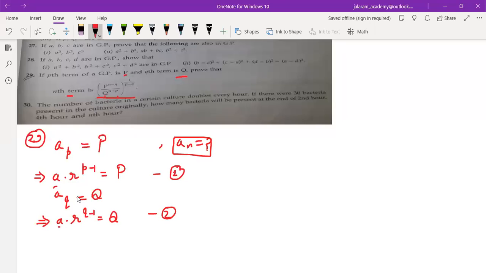These two a's will be cancelled out and there will be only R in the equation. So we can find the value of the common ratio, then use it in the first equation to find the first term. When we have obtained the first term a and the common ratio R, we can easily find the nth term by putting the values in the formula a into R to the power n minus 1.